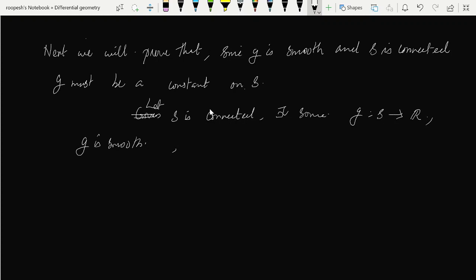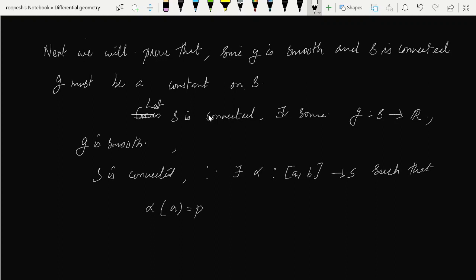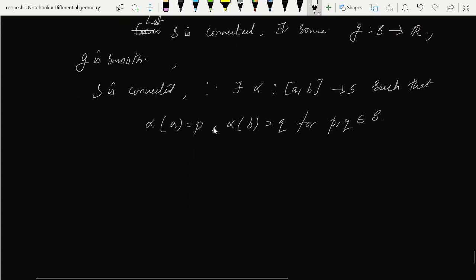So it's given that S is connected. Therefore, there exists some alpha from closed interval [a, b] to S such that alpha of a is equal to some p and alpha of b is equal to q, for p, q belongs to S. We are making use of the idea of connectedness.